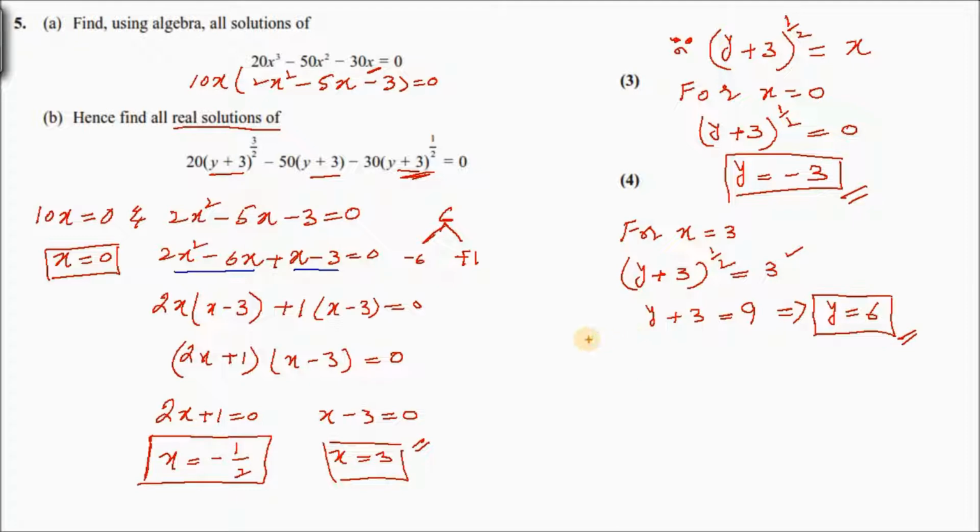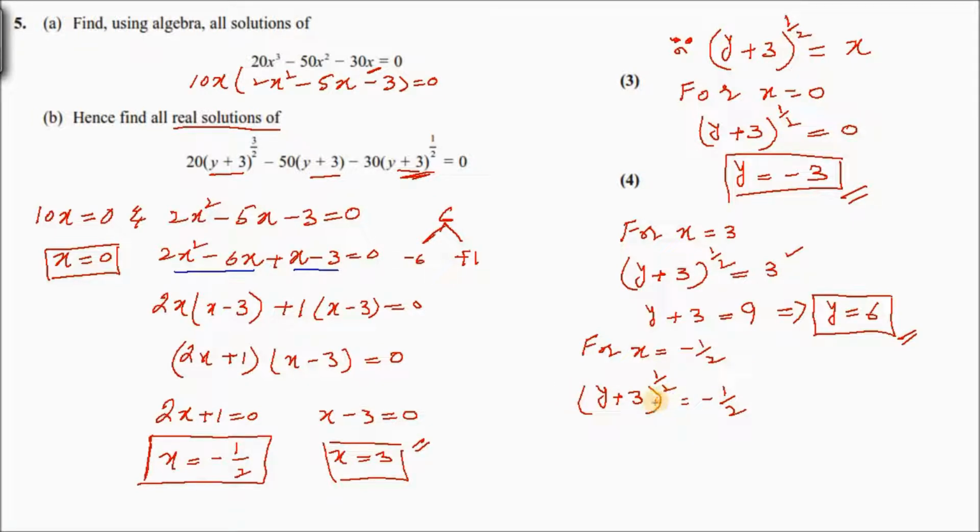Now what about x equal to minus half? If you substitute x equal to minus half, (y plus 3) to the power half is equal to minus half. Clearly there is no value of y that gives us negative half as the root of y plus 3.